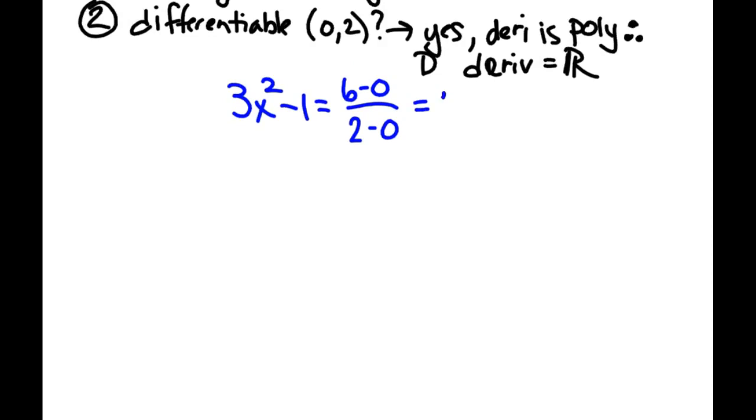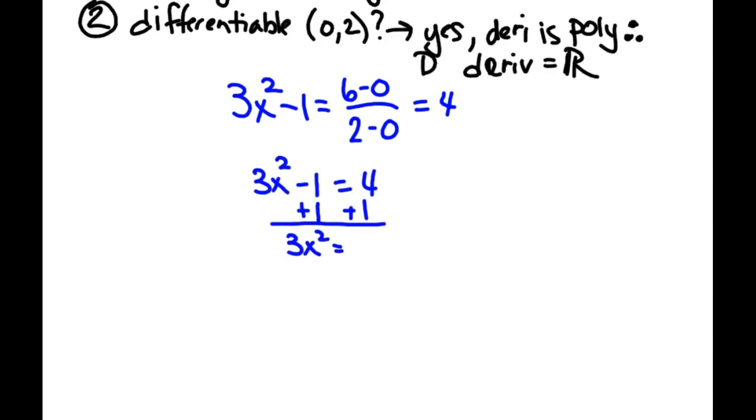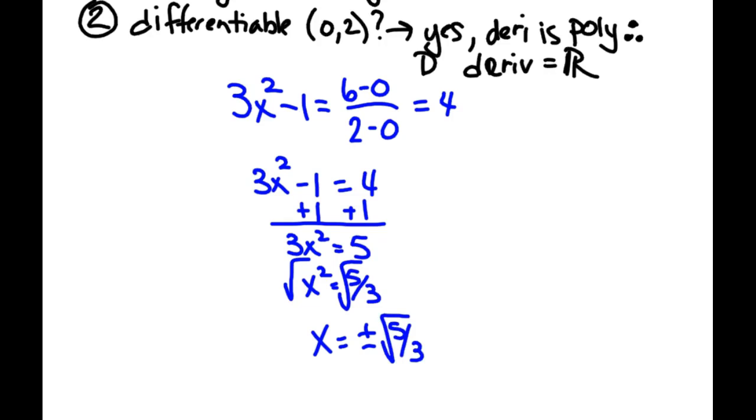Finishing that work, 3x squared minus 1 equals 4. Add 1s. 3x squared is equal to 5. x squared equals 5 over 3. Take the square root. x equals plus or minus square root of 5/3. Those are the c values.